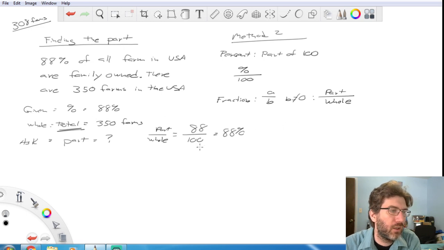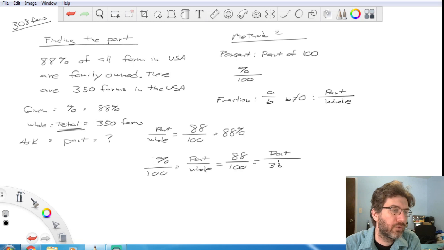So you can set this up as, I'll generalize it first: your percent over 100 equals your part over a whole. In this case, that's 88 over 100 is equal to your part over your whole, which in this case is 350. And then you can just solve for your unknown here. We'll call this x.